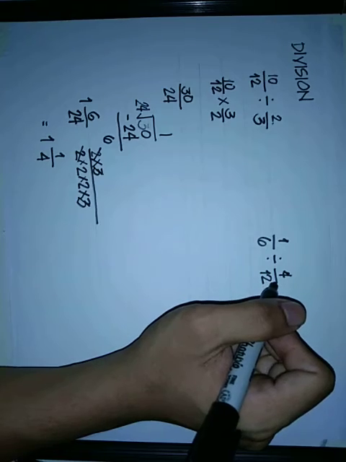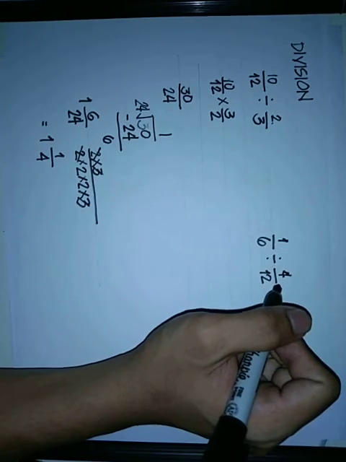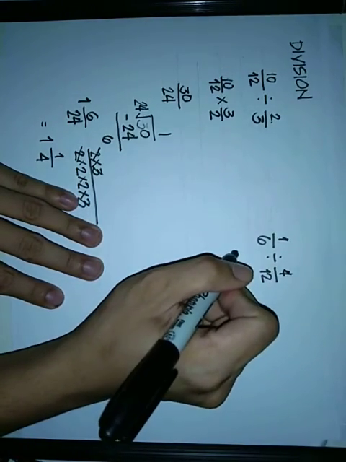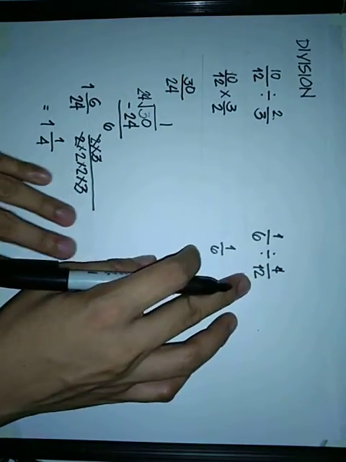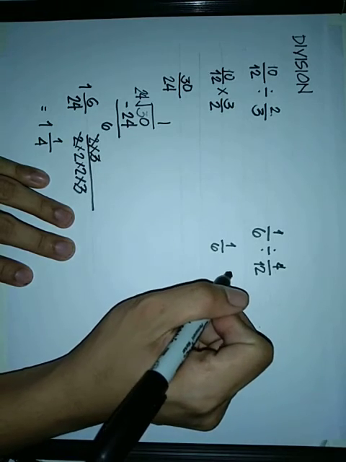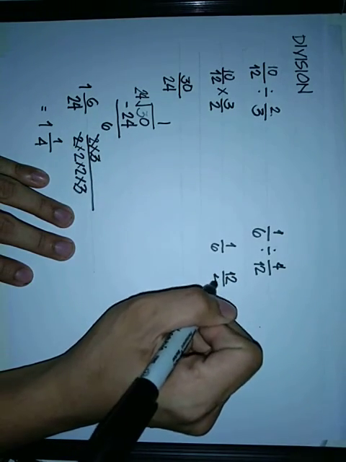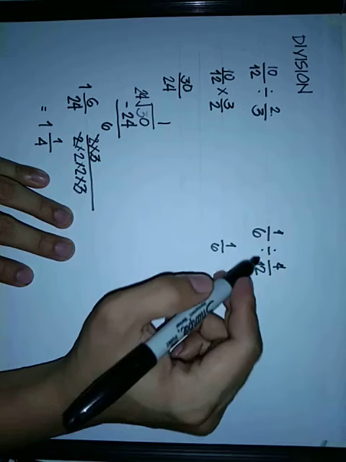So next thing to do, same process naman tayo. So I will just write yung ating unang fraction, and then we will reciprocate yung ating second fraction, which will be equal to 12/4. Okay. And then we will multiply it.